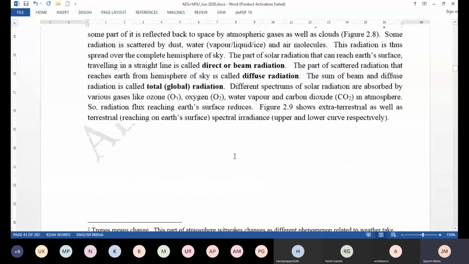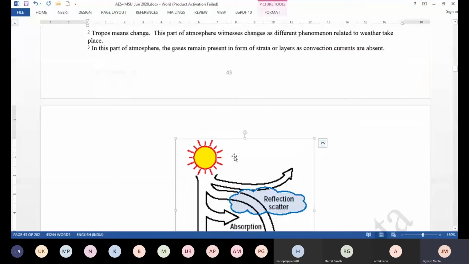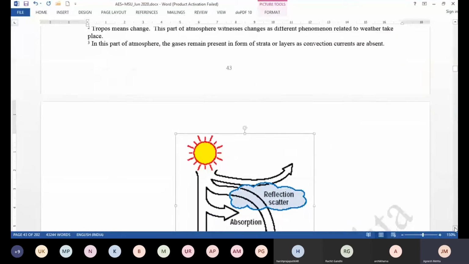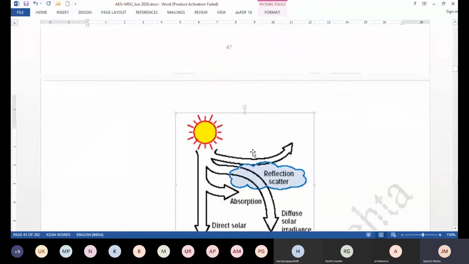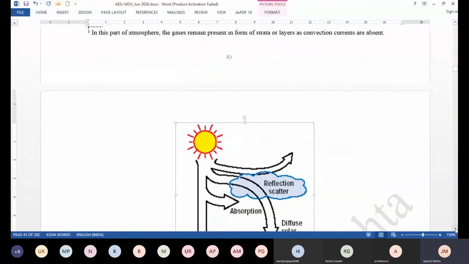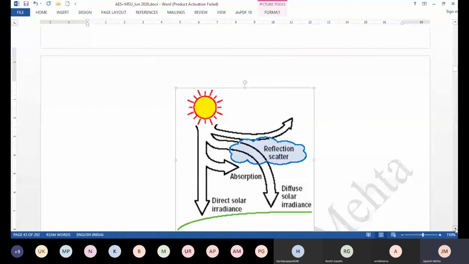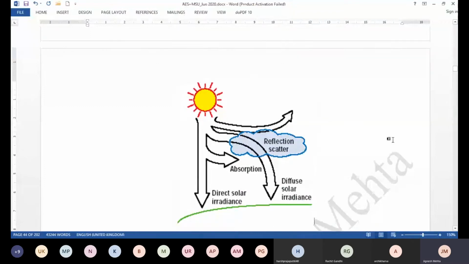Then we talked about the different phenomena that occur to solar radiation as it enters the atmosphere of the Earth, which is schematically shown in this figure. Different phenomena occur like absorption, reflection, and scattering. Scattering is changing the direction, right?